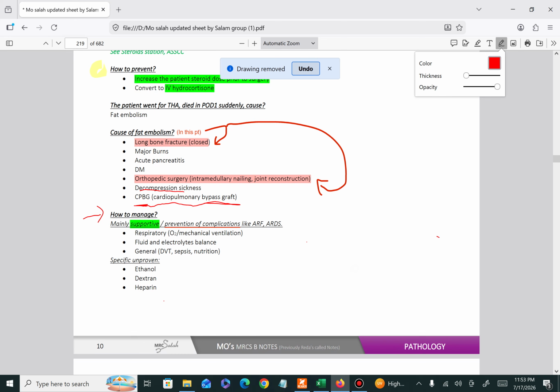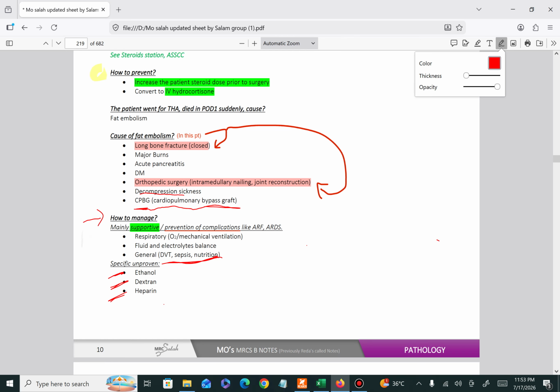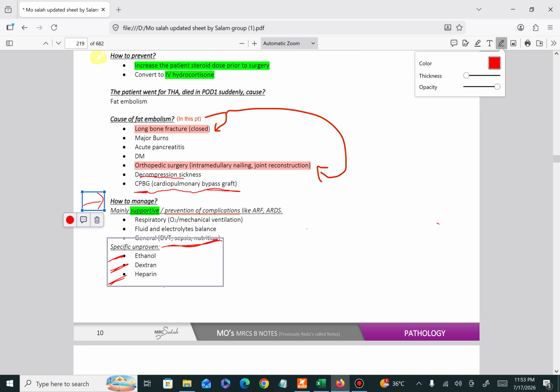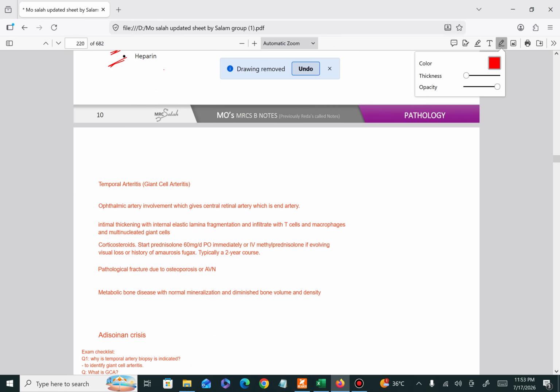General measures include preventing DVT, sepsis, and ensuring nutrition. The specific treatments, which are unproven, are ethanol, dextran, and heparin. So these are the steps through which we can manage a patient with fat embolism.